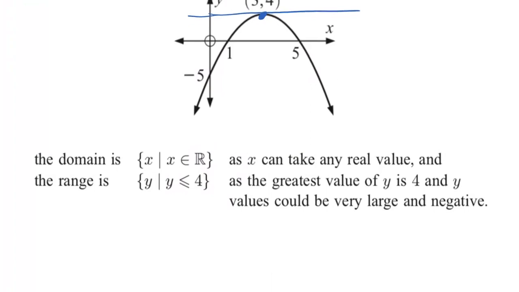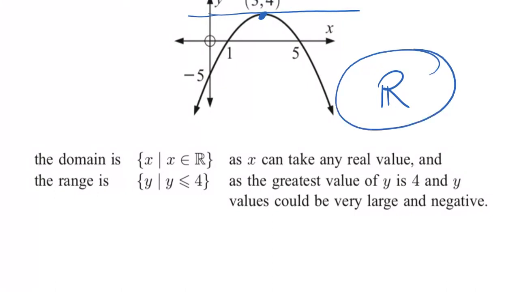Now, how do we write that perfectly? Well, we introduce a new symbol for the domain. When we say that x can be any number, we need to introduce the set of real numbers, and we use this R symbol to help us to do that. So this statement that we have for the domain reads, x is such that x belongs to the real numbers.